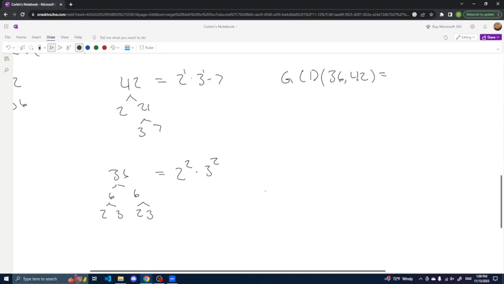Here we have 1 and 2, so the minimum for the 2's would be just 1, 2. And the minimum for the 3's would be just 1, 3. And then the minimum for the 7's would be no 7's. So this is equal to 2 times 3, which is equal to 6. So our greatest common divisor here is 6.